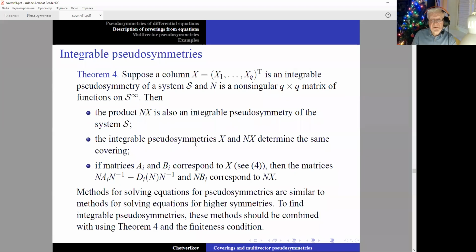Thus, methods for solving defining equations for pseudosymmetries are similar to methods for solving defining equations for higher symmetries. Moreover, to find integrable pseudosymmetry, these methods should be combined with using theorem 4 and the finiteness condition.